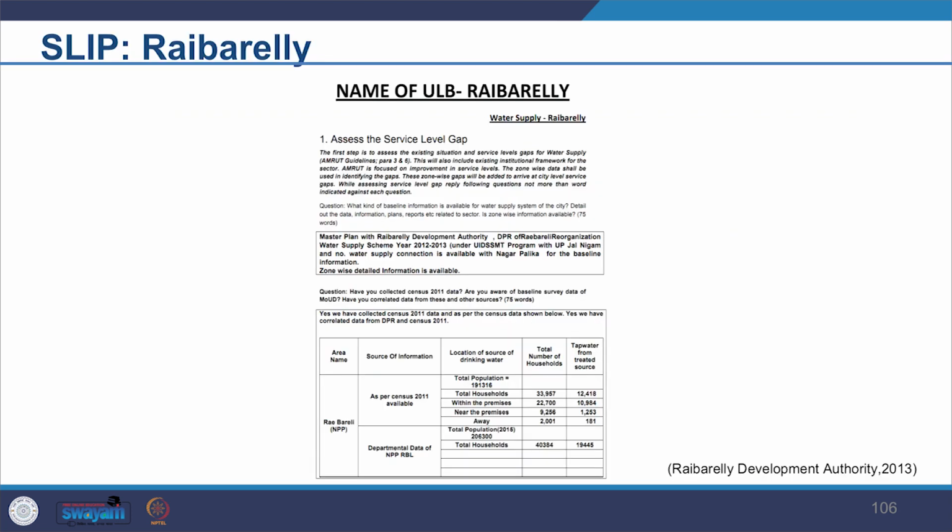So, this is the example of the Service Level Improvement Plan, SLIP, which we see here. We see how they have provided the present status of all these services, what benchmark they have and what kind of service they are looking at. So, with regards to water supply, metering connections and non-revenue water and so on.